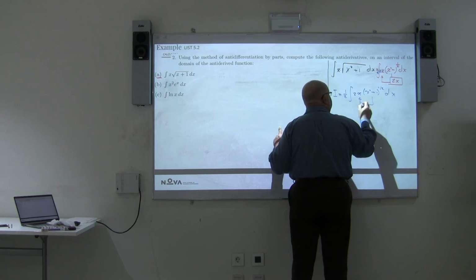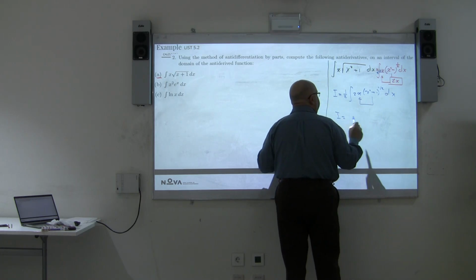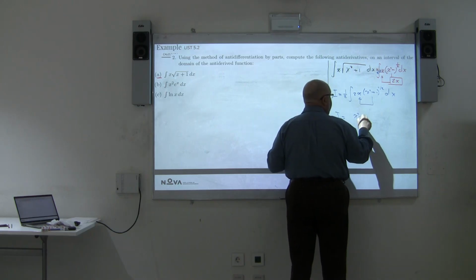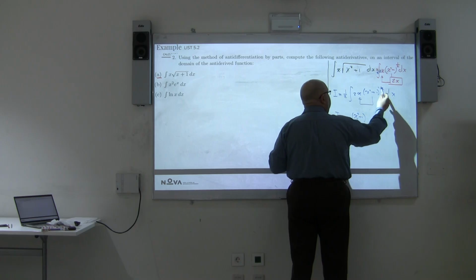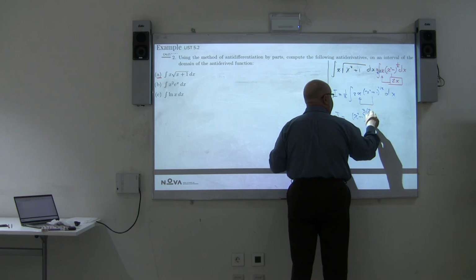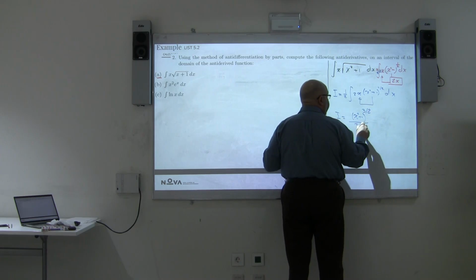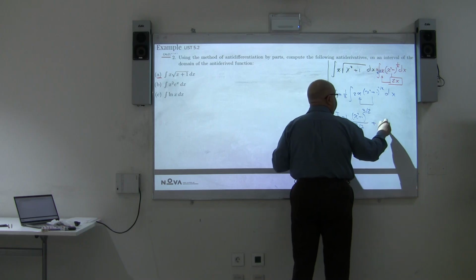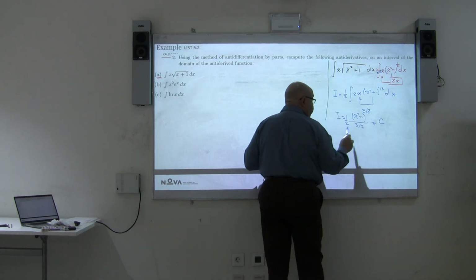The condition is satisfied, so directly I will apply the rule, which states that for (x squared plus 1), I will add 1 to the power, which is going to be 3 over 2, and divide by the new power, 3 over 2, and all of this is multiplied by 1 over 2, plus the constant of integration.